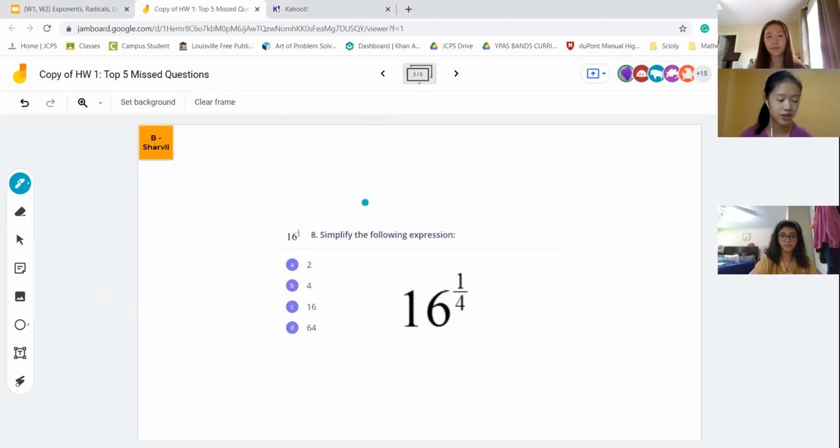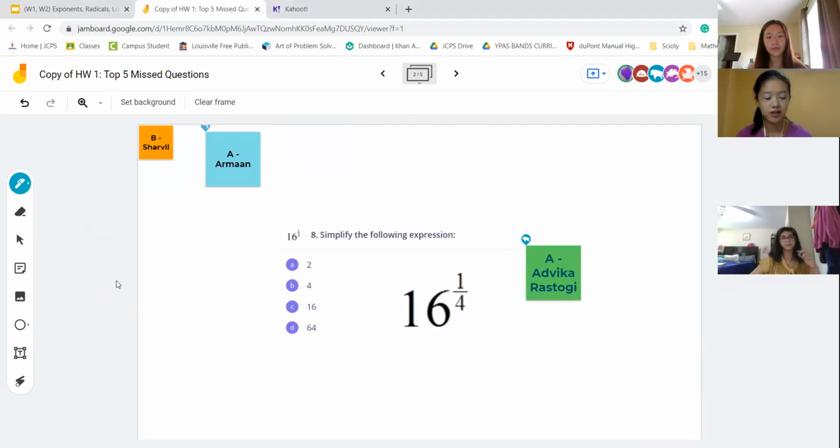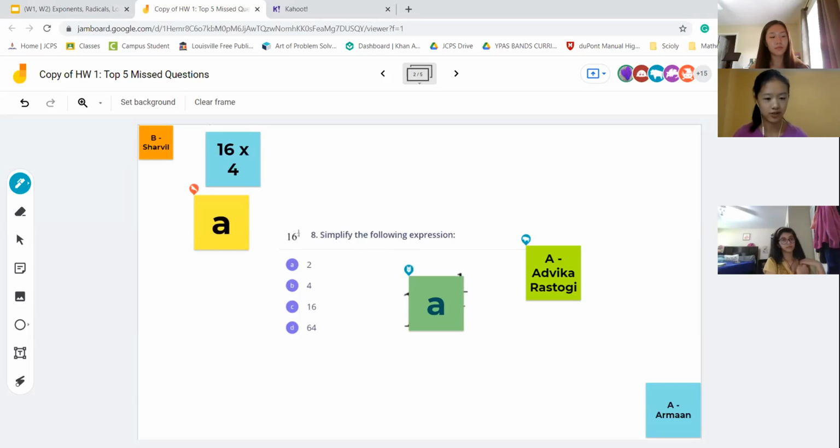Okay, so number 8, simplify the following expression, 16 raised to the 1/4 power. So for this question, you have to remember what fractional exponents do. Fractional exponents are saying what number multiplied by itself 4 times equals 16.